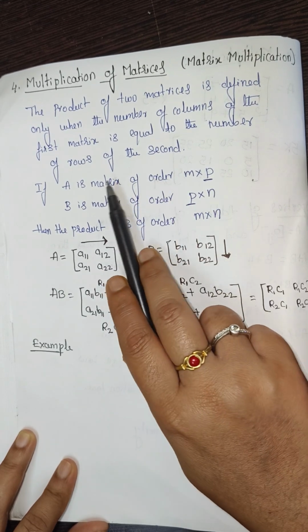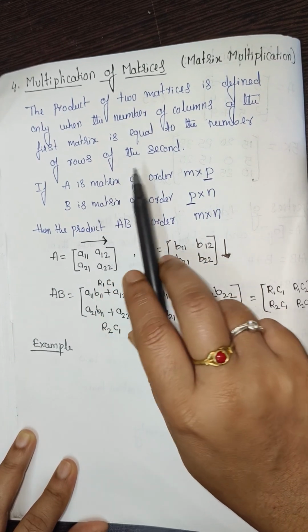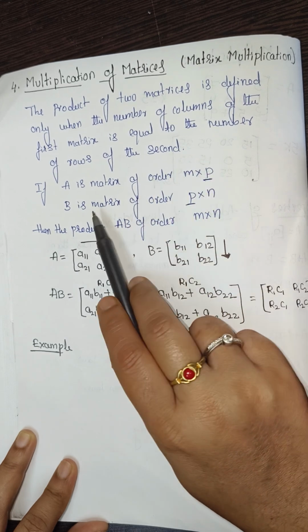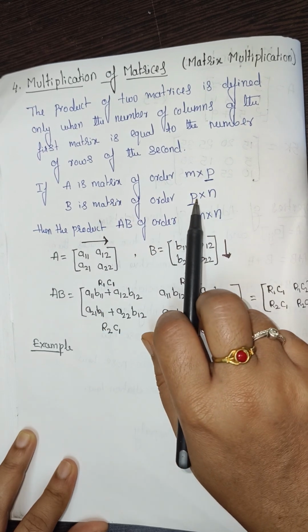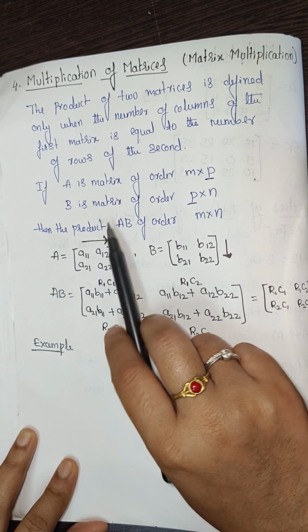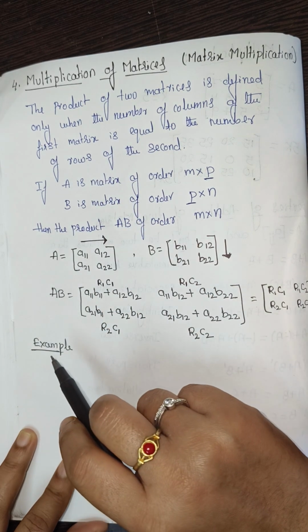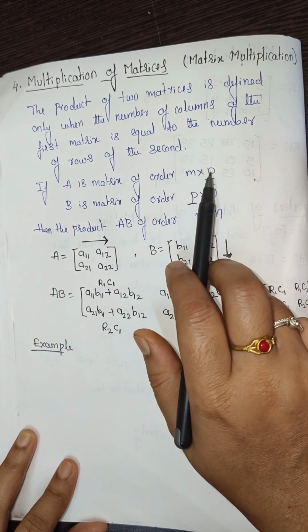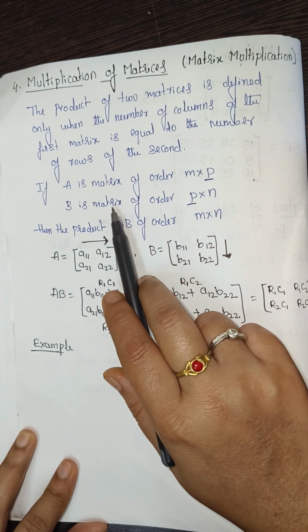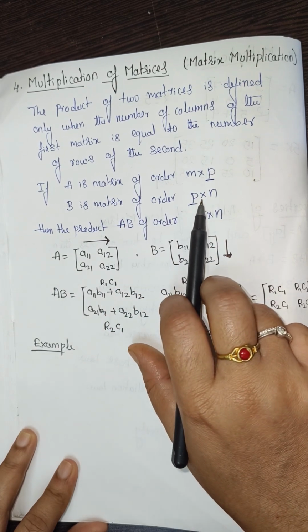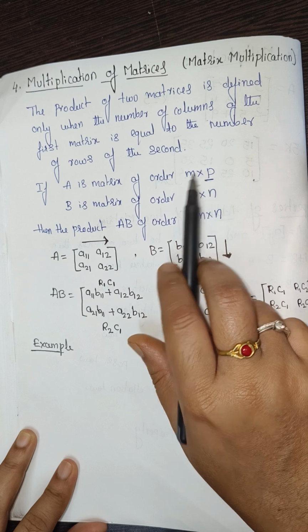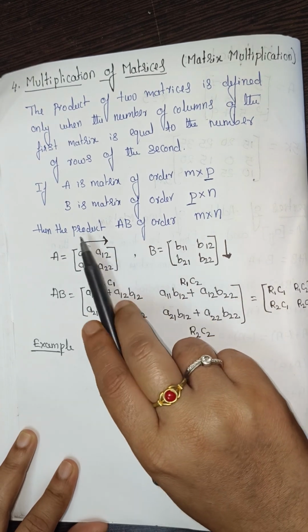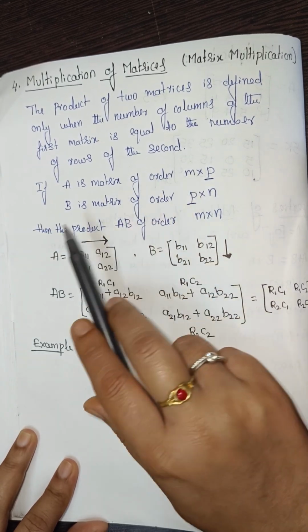So the first matrix's columns should equal the second matrix's rows. Then only we can multiply both the matrices, otherwise it's not possible. This is important.